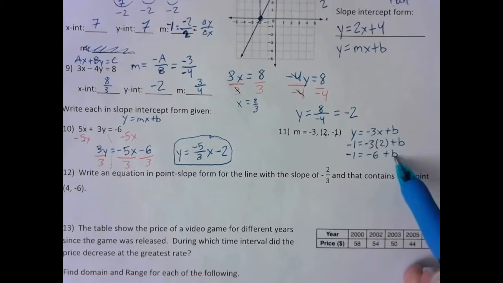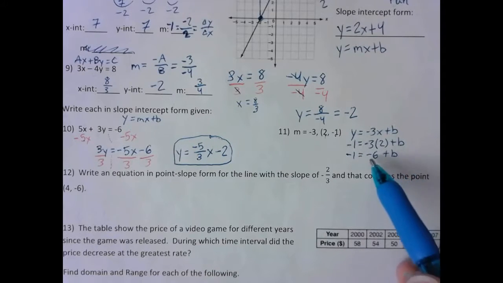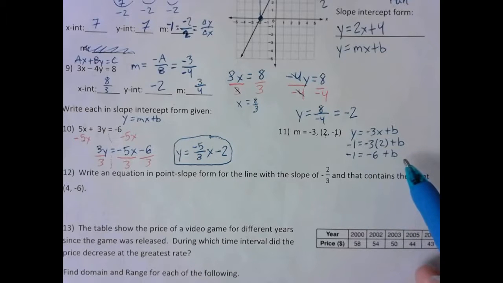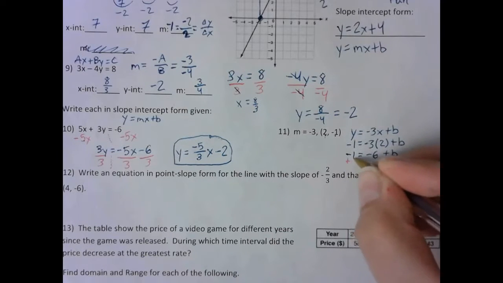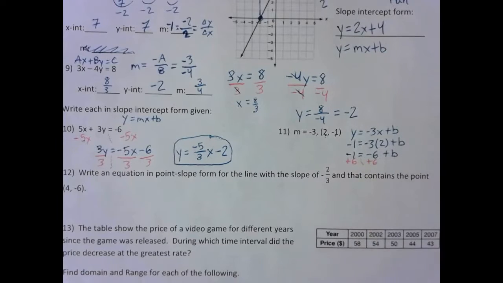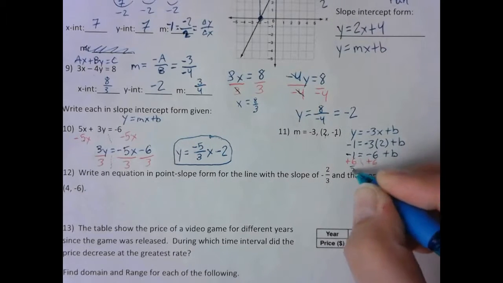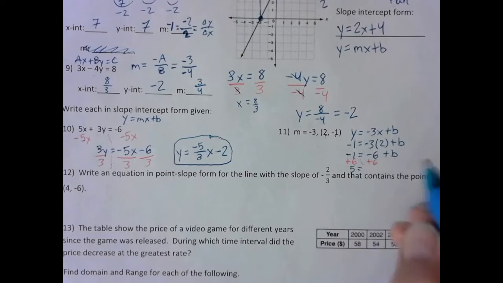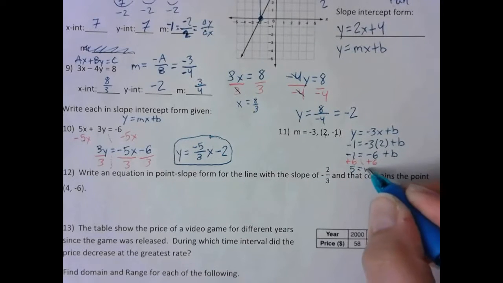Then, since we're solving for b, we need b by itself. Since we have negative 6 plus b, to get b by itself, we need to add 6 to both sides. Okay, negative 1 plus 6, that's 5. Negative 6 plus 6, that's 0, so 5 is b.